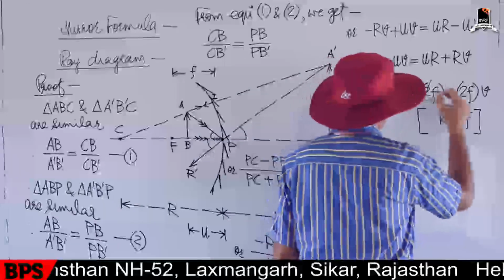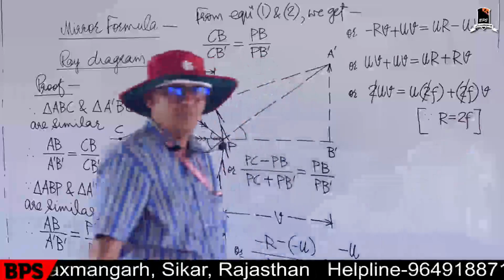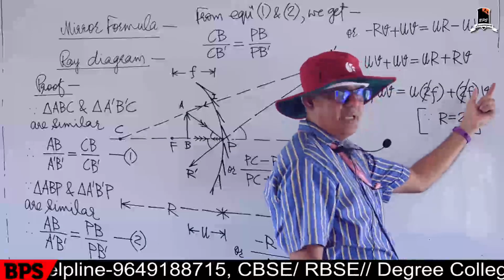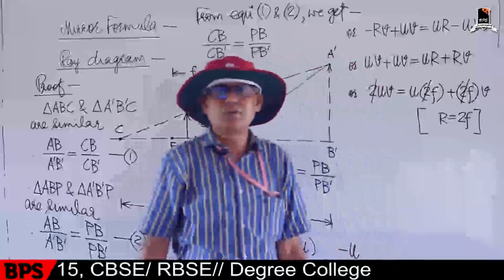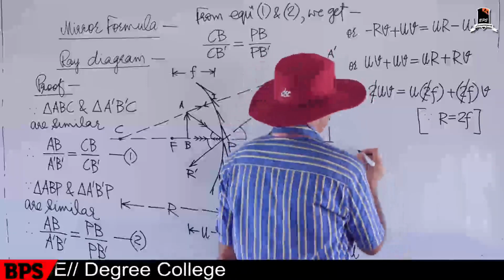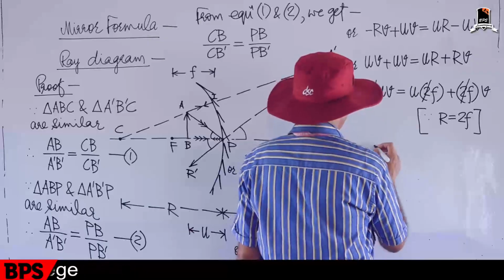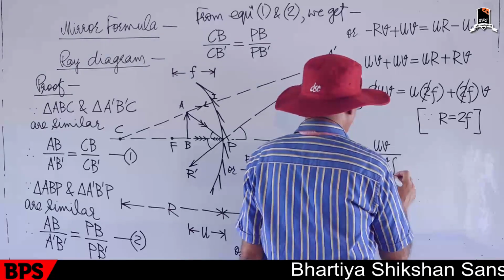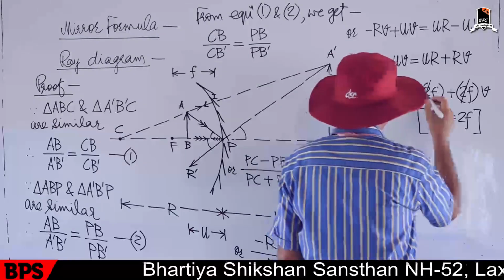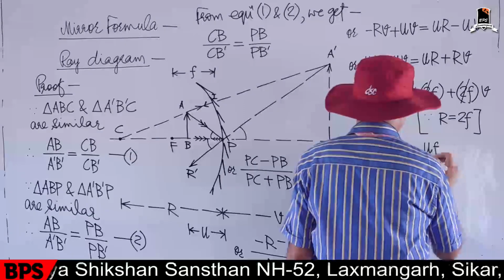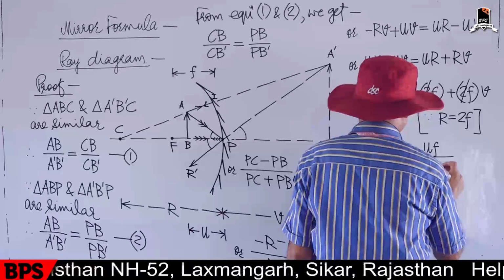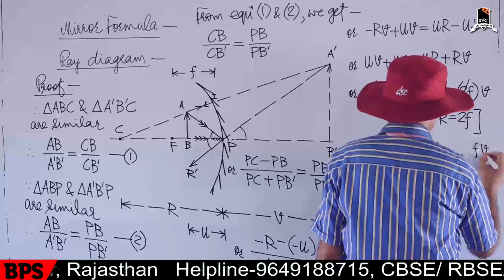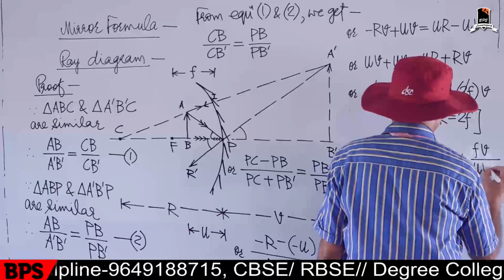Cancel 2 by dividing the whole equation with 2. You will get UV equals UF plus FV, and divide the whole equation with U into V into F. So you can write this equation as UV divided by U into V into F is equal to UF divided by U into V into F plus FV divided by U into V into F.